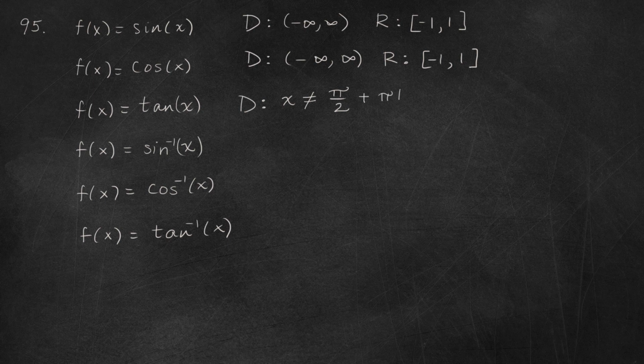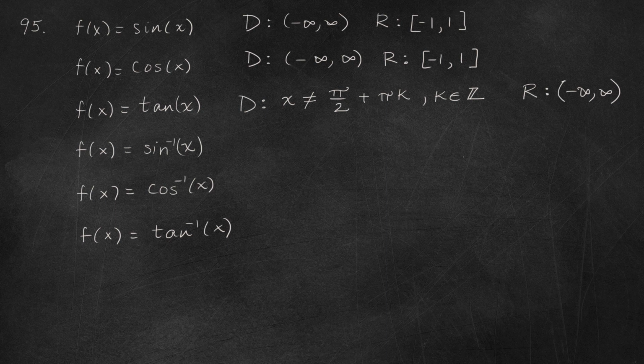Pi k is going to give me multiples of pi as long as I define k to be an integer. That allows me to add or subtract multiples of pi. Then the range for the tangent function is all real numbers, and it's easy to see that on the graph.